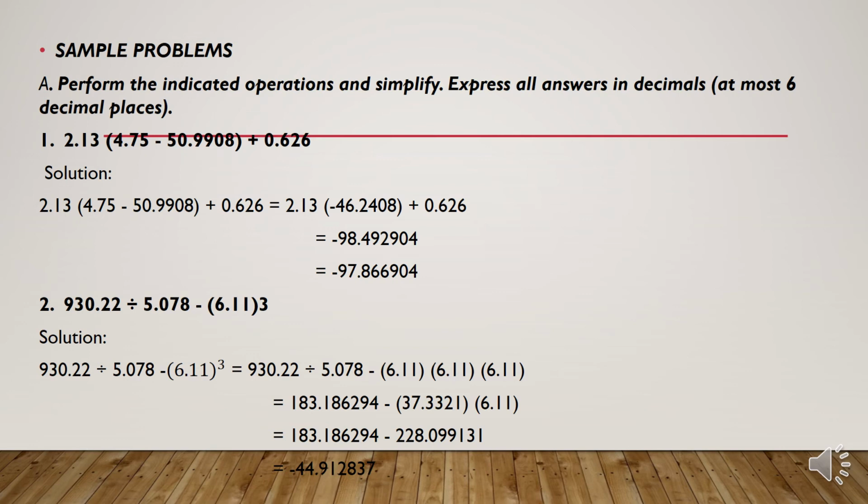So, the first thing we're going to do is simplify 6.11 raised to 3. So the answer will be negative 44,912,837.